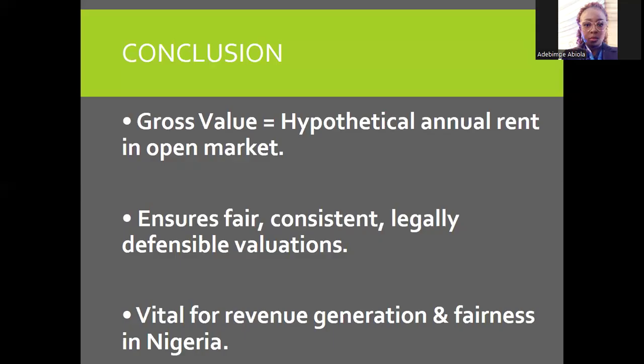It helps to ensure fairness and consistency, and it has been seen as a tool for legal defense in valuation for rating purposes.